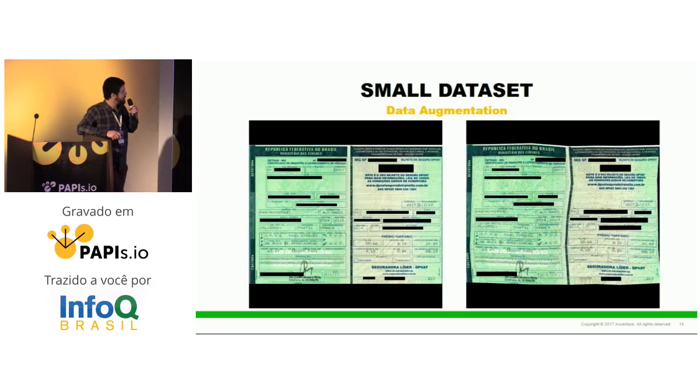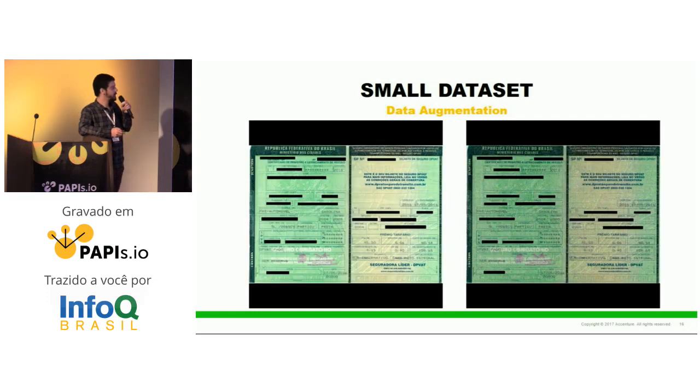This is an example of a car document, and this is just one example of transformation. This is a piecewise affine transformation that simulates like the paper was folded. And besides that, there is some dropout noise. I don't know if you can see it in the presentation. This is another case where we try to simulate a low light situation.